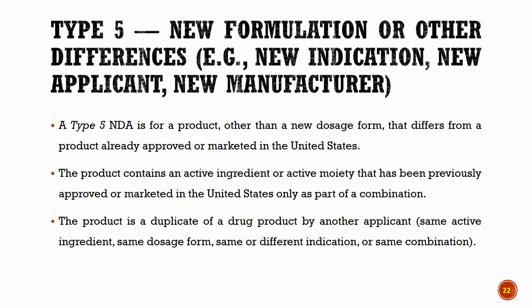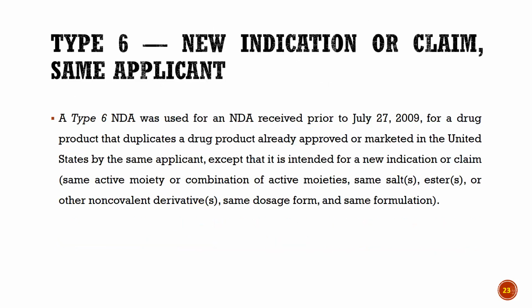Coming to type 6, new indication or claim, same applicant. Type 6 NDA was used for an NDA received prior to July 27, 2009 for a drug product that duplicates a drug product already approved or marketed in the US by the same applicant, except that it is intended for the new indication or claim. The same product is already approved by the US FDA for the same manufacturer.